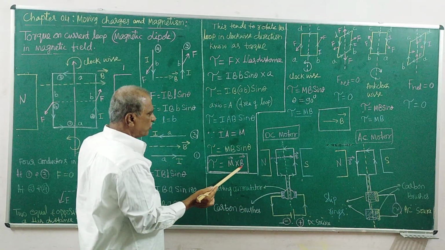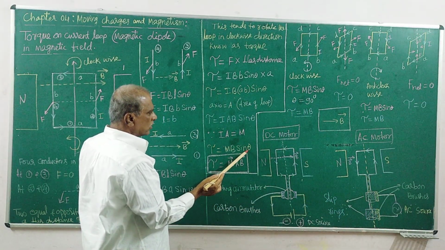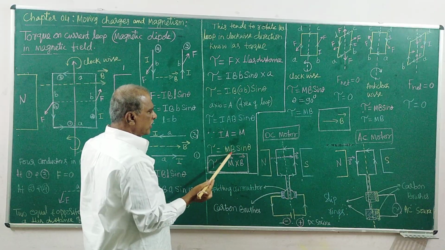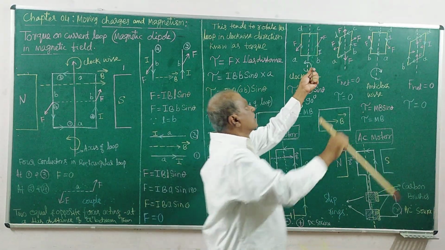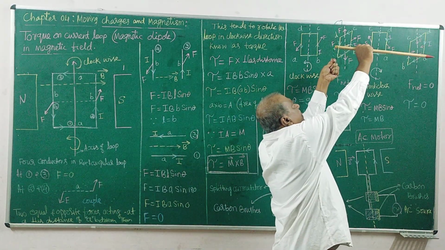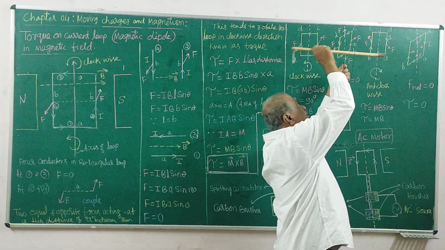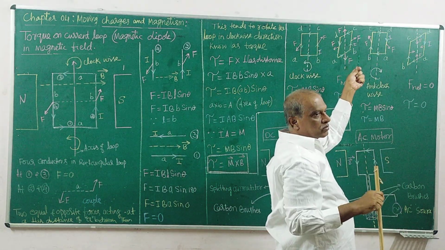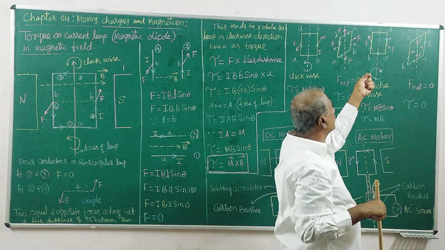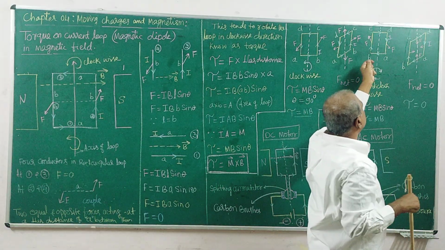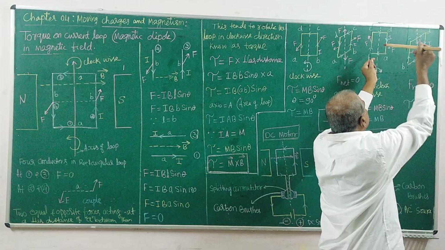That is M into B, theta is 0. The angle between M and B with this alignment is 0, the M direction and magnetic field direction are the same.